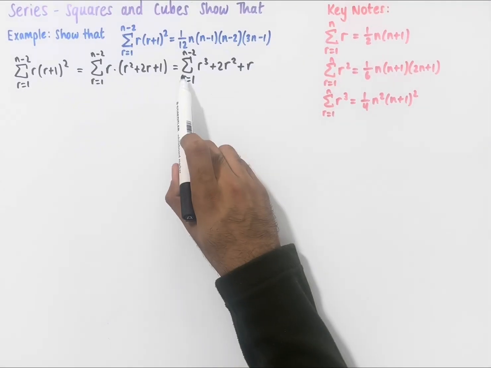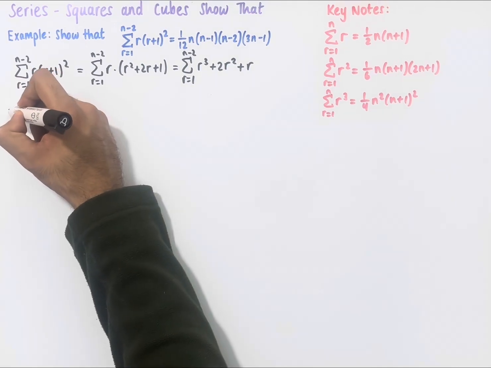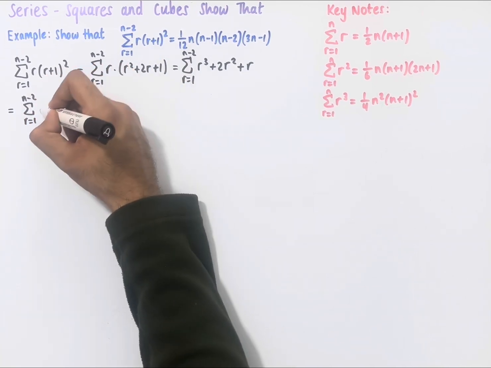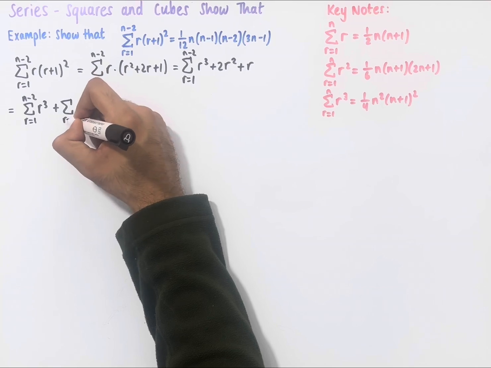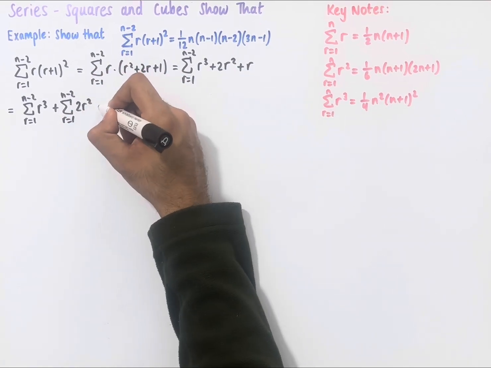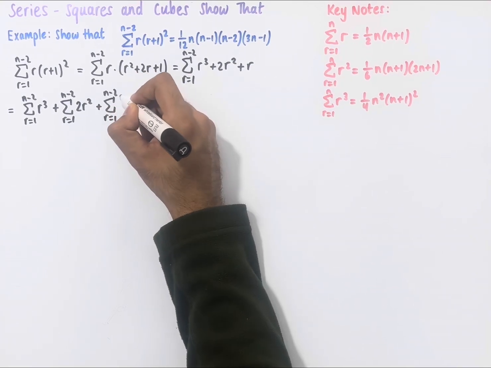Now we can split this series across the three terms to form three separate series: the series from r equals 1 to n minus 2 of r cubed, then add the series of 2r squared, and then add the series of r.